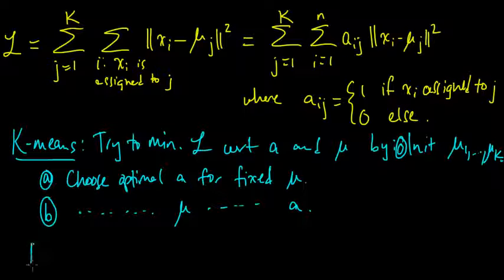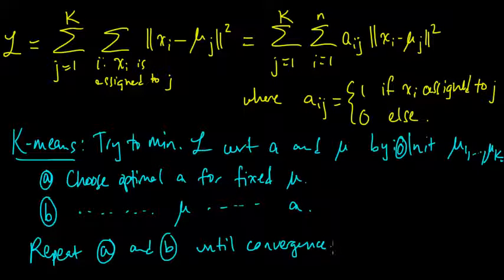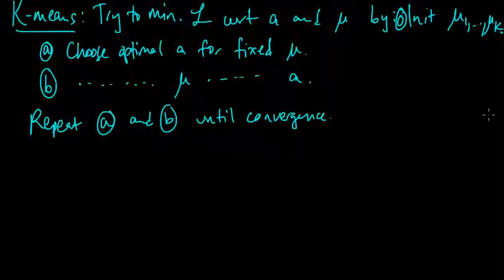So iteratively repeat A and B until convergence, until things stop changing. So this is a greedy sort of algorithm. In just a sec, we're going to figure out what exactly steps A and B are.